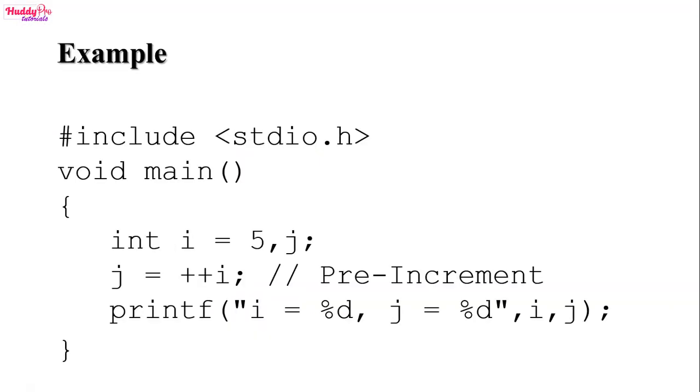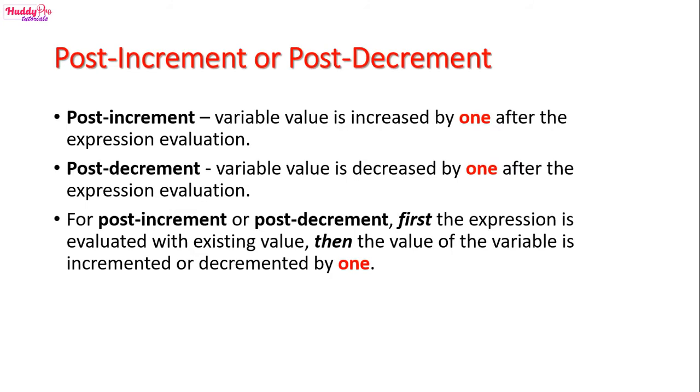Let's continue. So that's our example. Now what about post-increment or post-decrement? In case of post-increment, the value of the variable is increased by 1 after the expression evaluation. In case of post-decrement, the value of the variable is decreased by 1 after the expression evaluation. So this means that when we use post-increment or post-decrement, the first thing to do is that the expression is evaluated with the existing value.